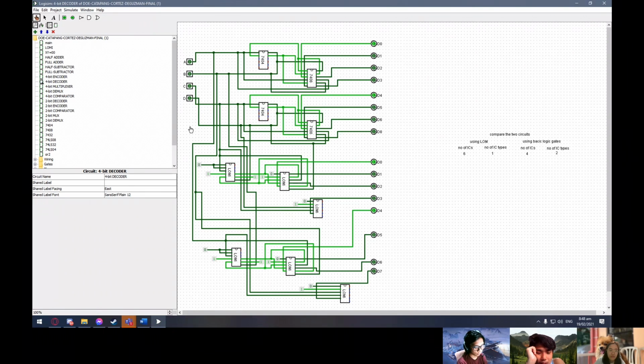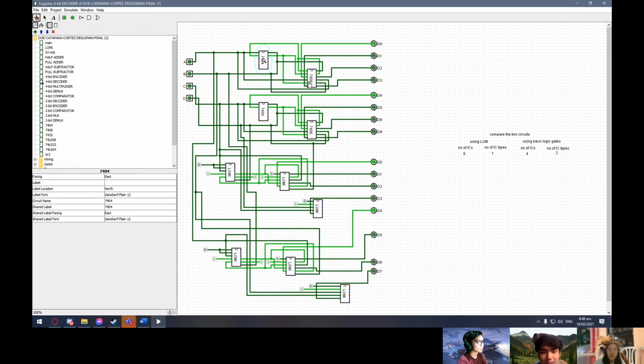It takes binary data of n inputs into 2 raised to n unique outputs. In addition to input pins, the decoder has an enable pin, which when negated makes the circuit inactive. For this circuit, we only use the 7404 and 7408 ICs.